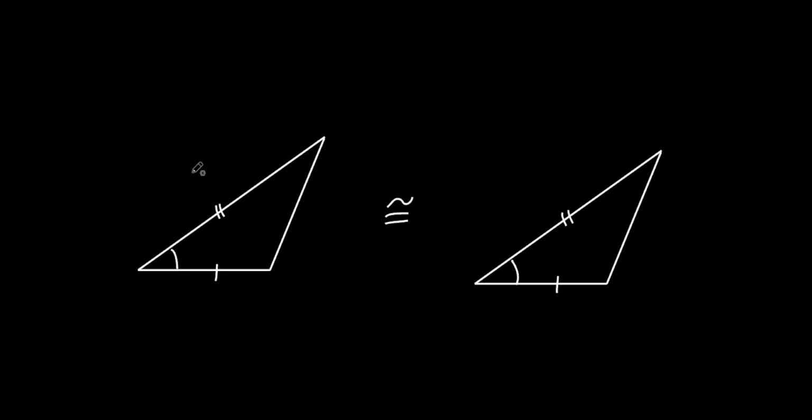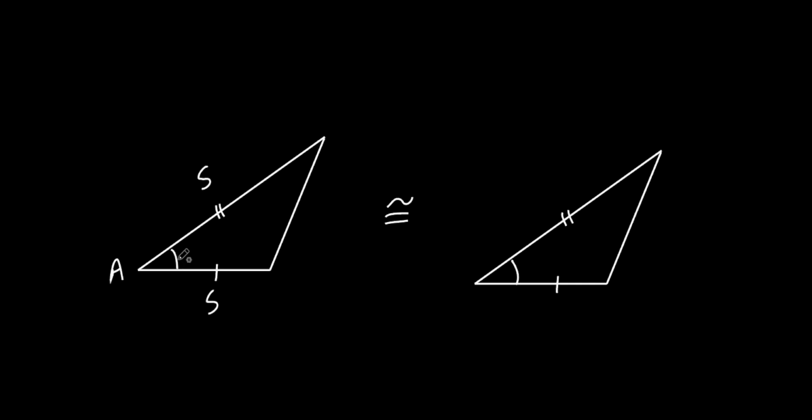So all I needed to know was that we had a side, we had an angle, and we had another side. Now, look where that angle is, though. Is it just any angle? It's the angle that's between, or sometimes the book will say it's the included angle between those two sides. You see that? I didn't talk about this angle up here, did I? Or this angle down here.